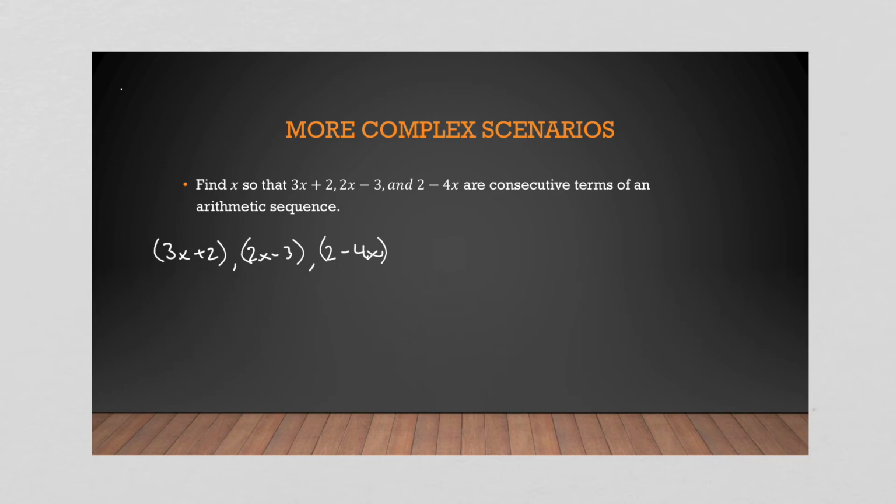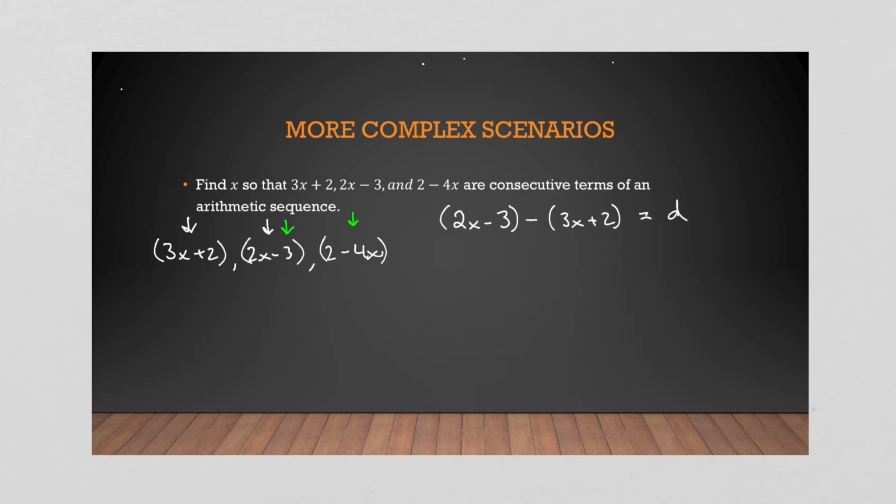But what it does give us is a manner of determining our difference. And our difference is this term minus this term, or this term minus this term. And it's important here to keep your brackets so you do the subtraction correctly. We'll do the first. T2 minus T1 gives us 2x minus 3 minus (3x plus 2).